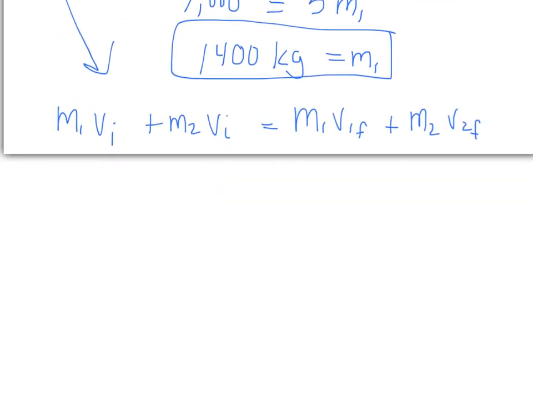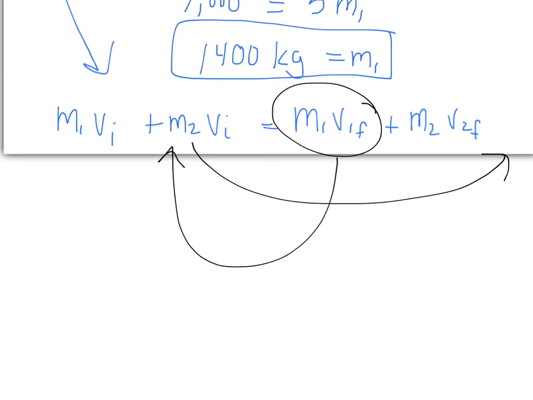So that's what I get at the bottom now. And if I wanted to solve this algebraically, I need to get M2 on the same side. So move this over here by subtracting it. Move this over here by subtracting it. So this becomes M1 Vi that remains. Then I take this M1 V1f and subtract it. So minus M1 V1f.